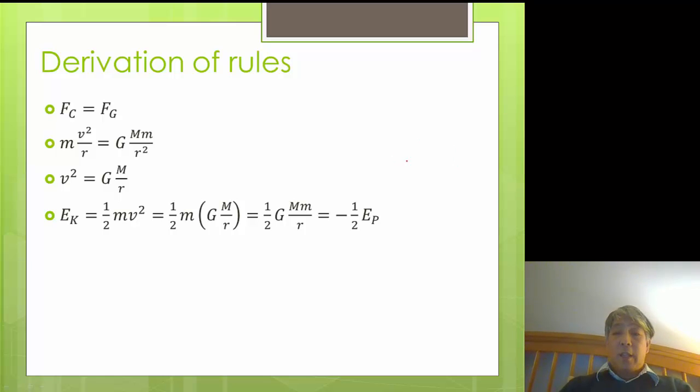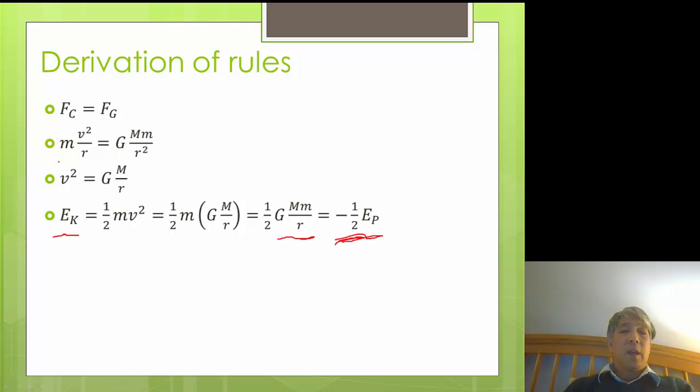Multiplying out, I get 1/2 Gm/m/r. But recognize that this formula, the Gm/m/r, we just derived that. That's minus EP. If I multiply by a minus sign, I would get my potential energy formula. So I've now said that my kinetic energy for a circular orbit is going to equal half my potential energy, all because I can set mv squared over r equals gmm over r squared.